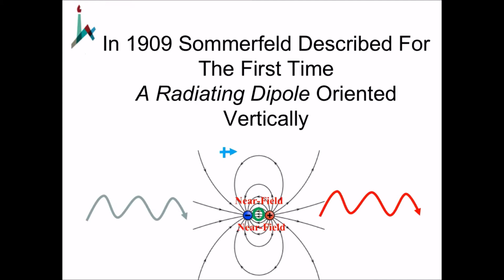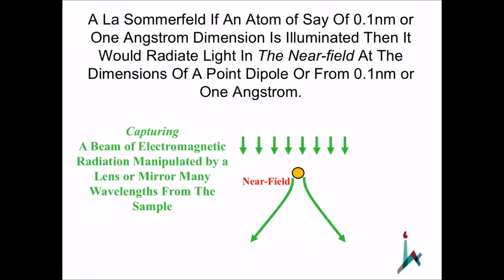He indicated that if you took a single molecule or a single atom, for that matter, and excited it with light, say this blue light here, and you got out red light, then the very close region to the atom would act like a dipole, radiating at a dimension very close to the dimension of the atom. So we're talking about angstroms here. This was a very important development.